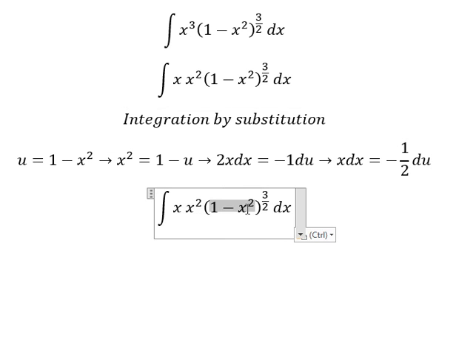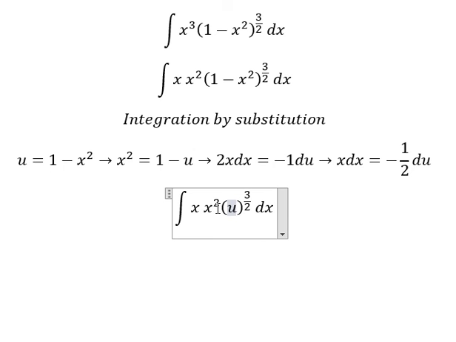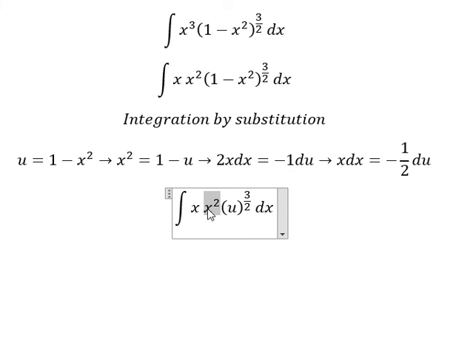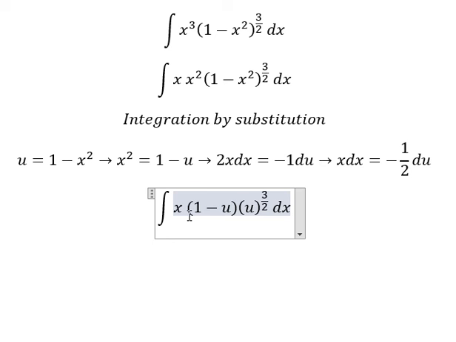This one we change for u. S we change for 1 minus u. The s we change for negative 1 over 2 du.